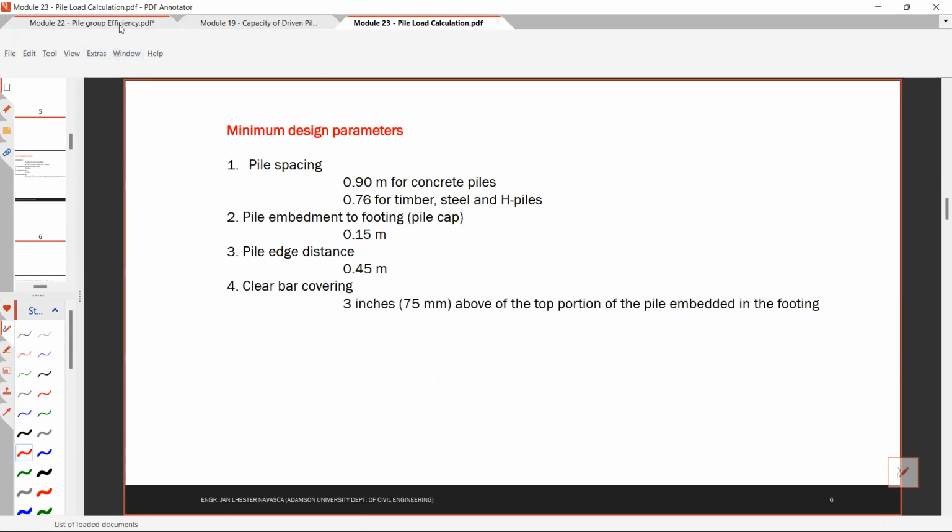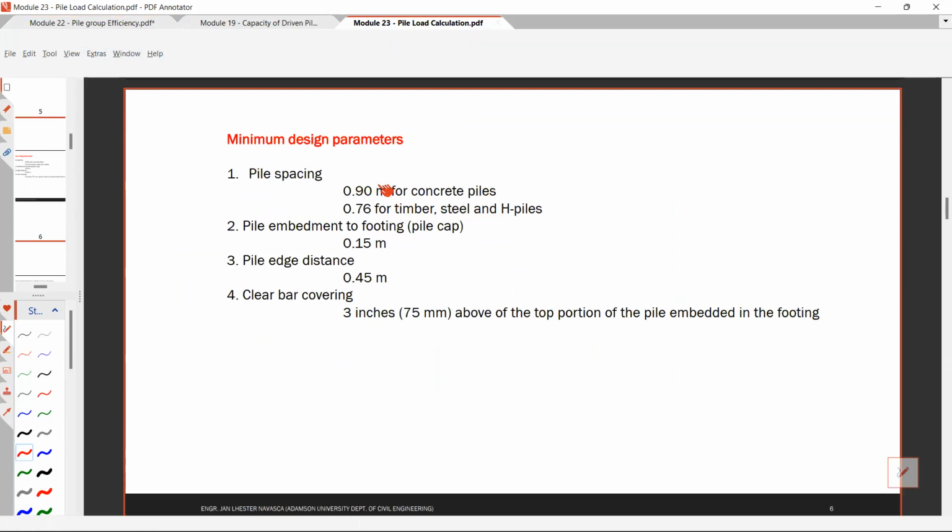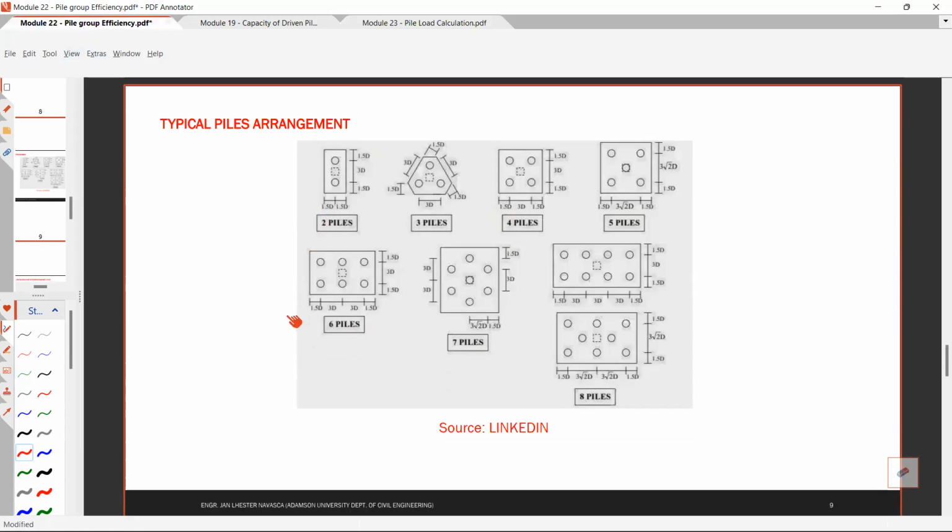So for the minimum design parameters, the typical pile spacing is 0.9 meters for concrete piles, 0.76 meters for timber and steel H piles. Then yung pile embedment to footing, okay, yung embedment ng piles dun sa footing, you need to provide 0.15 meters. Siya yung embedment ng piles.